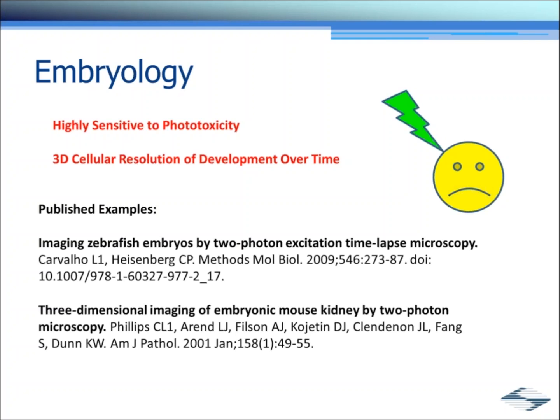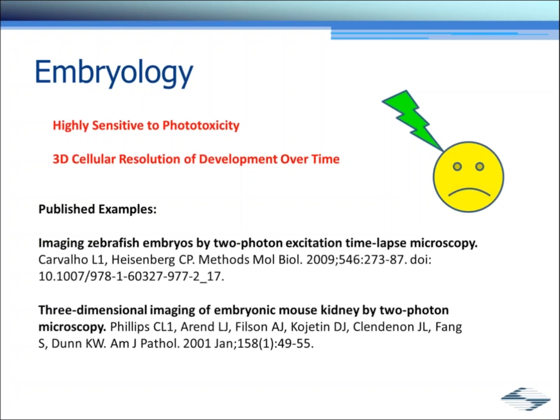So for people doing those types of experiments, they may find it common practice to say, for example, grow 5 embryos, stop their development at different stages, and then image them, but not be able to image the same embryo over time. However, with 2-photon imaging, we do not use the single photon excitation wavelengths.